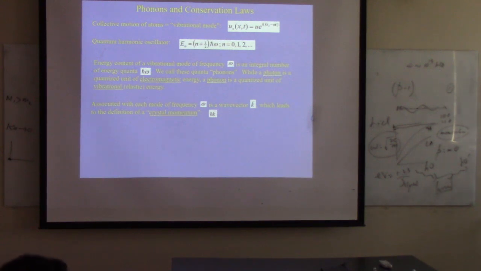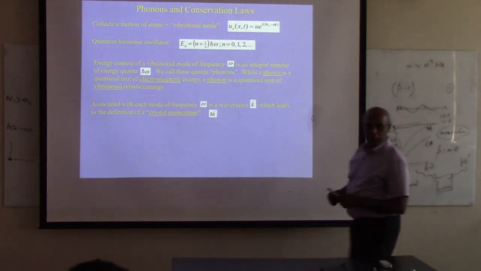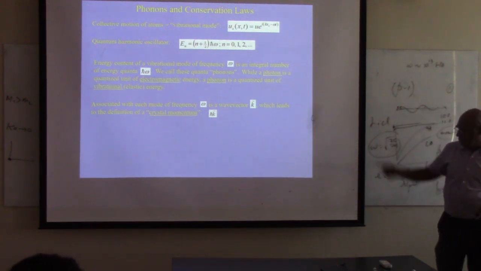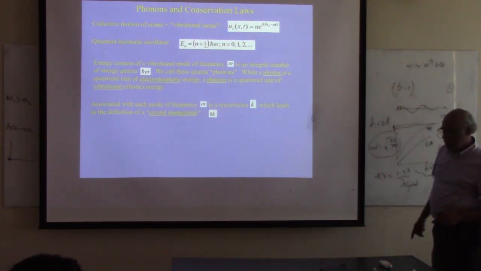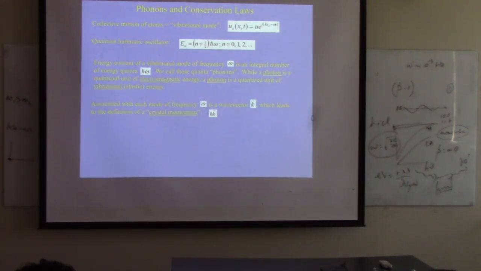The definition of a crystal momentum: we know energy is given as ħω, everybody remembers this one, right? Momentum is typically h over lambda, right? Here ħ is h over 2π.